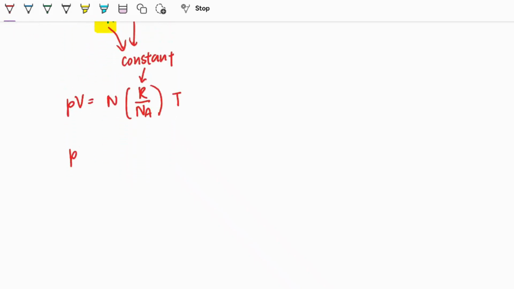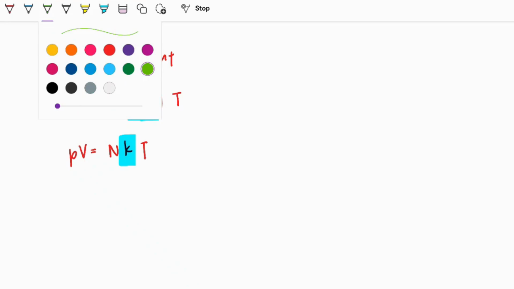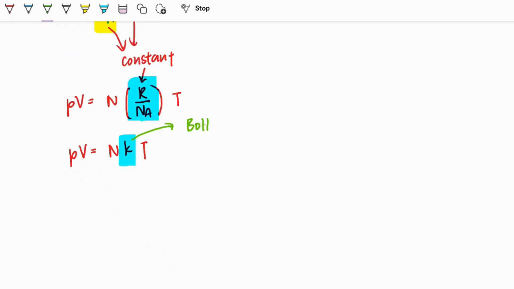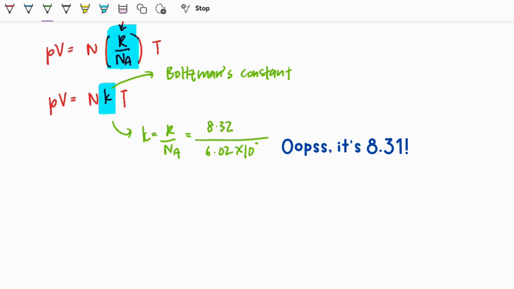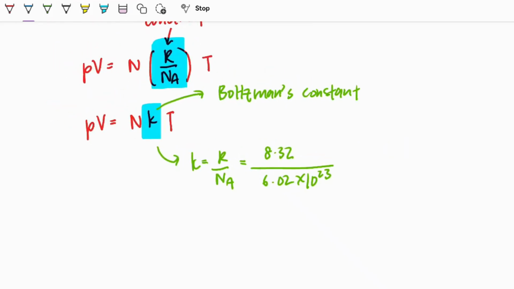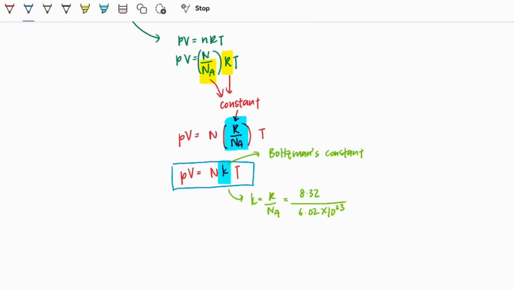We can name the constant k, so PV equals NkT. This k is known as the Boltzmann constant. This k equals R over N_A, or in other words, 8.31 over 6.02 times 10 to the power of 23. So this is your new formula.